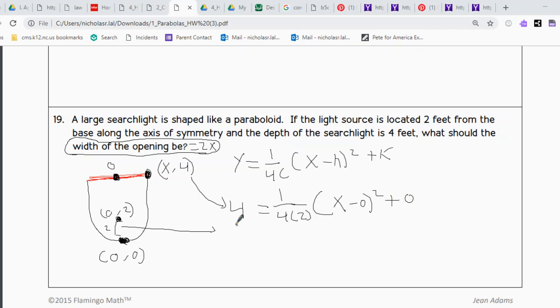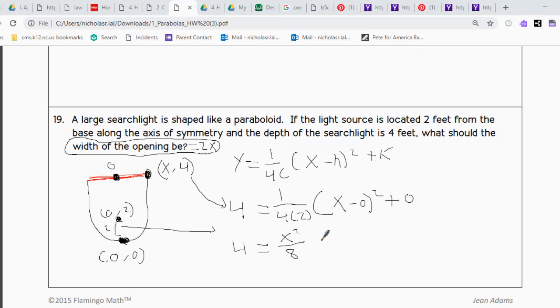So now we have 4 is equal to 1/8 times x squared. So 4 is equal to x squared over 8.